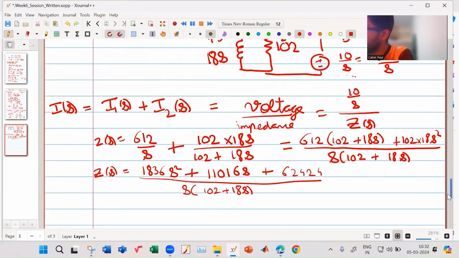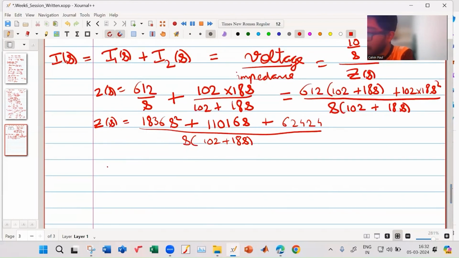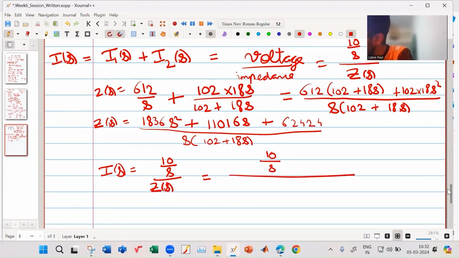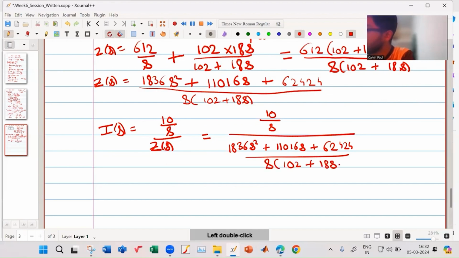So we have my I of s equal to 10 by s divided by Z of s. That is 10 upon s divided by 1836 s square plus 11016 s plus 62424, divided by s into 102 plus 18s.